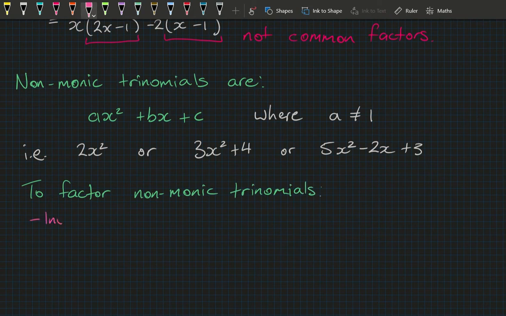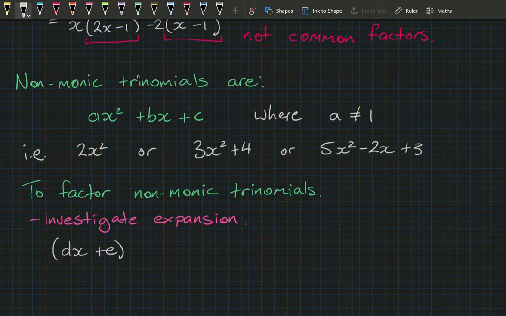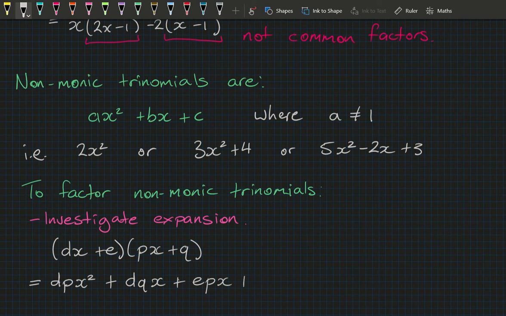But let's start by investigating expansion. Let's look at the binomial product of dx plus e times px plus q, where d, e, p and q are just constants. So when we expand that, we get dp times x squared plus dqx plus epx plus eq, just by using FOIL.